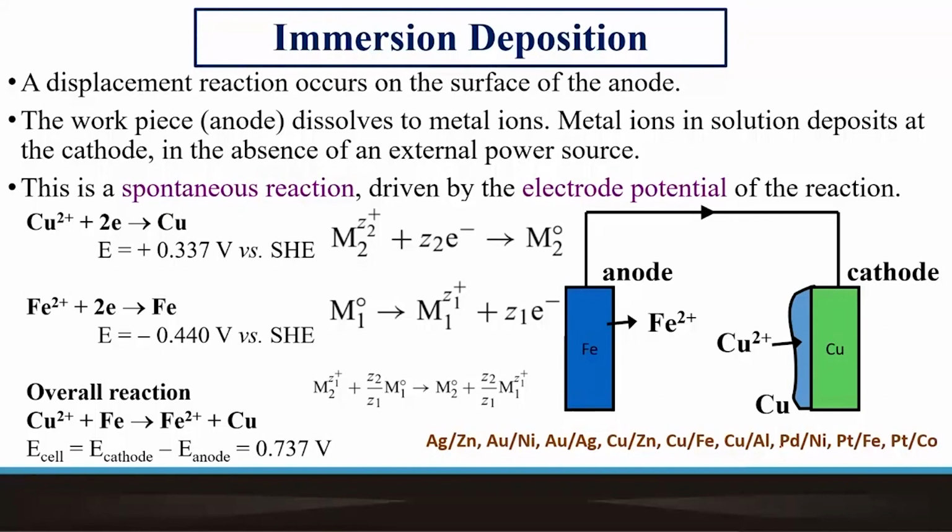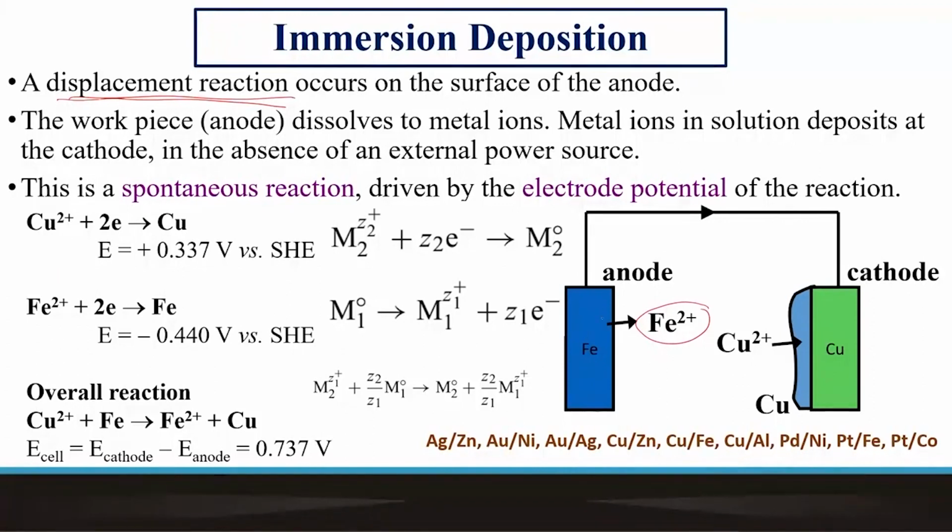So this is another form of electroless deposition. In fact, it's called immersion deposition, which is a slightly different process. First of all, there is a spontaneous displacement reaction, and this means that, for example, if I have iron and copper, iron will get oxidized and contribute iron ions to the solution.